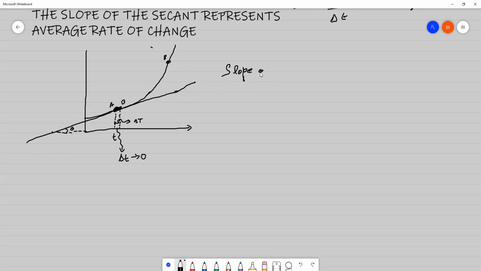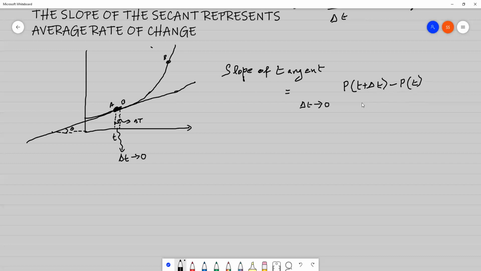The slope of the tangent is equal to something like: del T tends to 0, of P of T plus del T minus P of T, divided by del T. This is the slope of the secant.